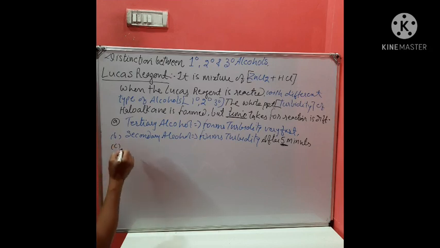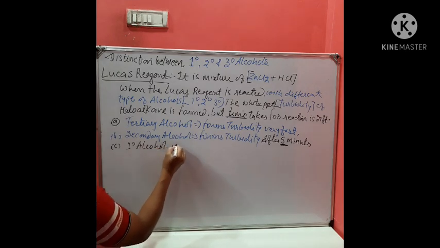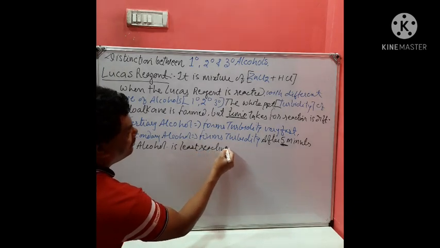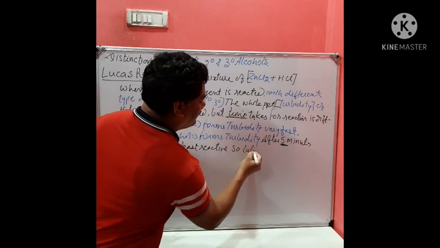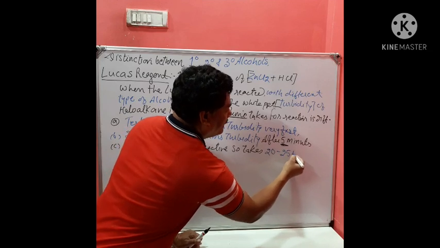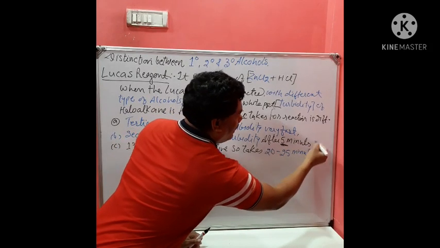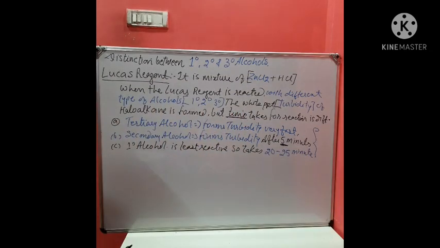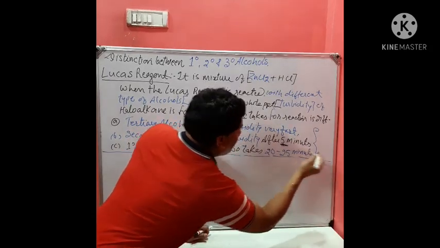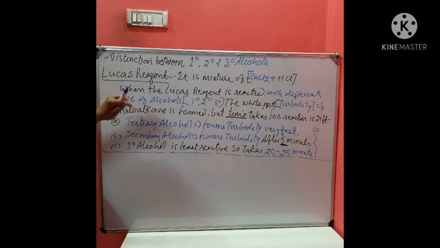And number C, 1 degree alcohol is least reactive, so it takes 20 to 25 minutes. So on the basis of time, we can distinguish which one is primary alcohol, which one is secondary alcohol, and which one is tertiary alcohol. So this is one of the chemical tests through which we can distinguish primary, secondary and tertiary alcohol.